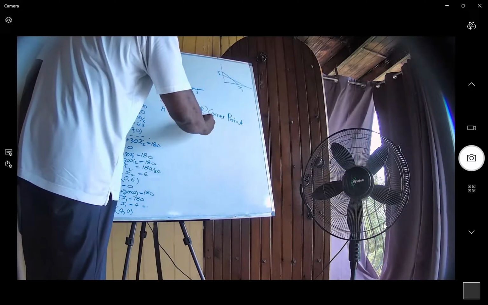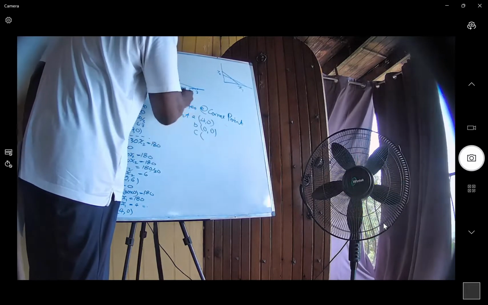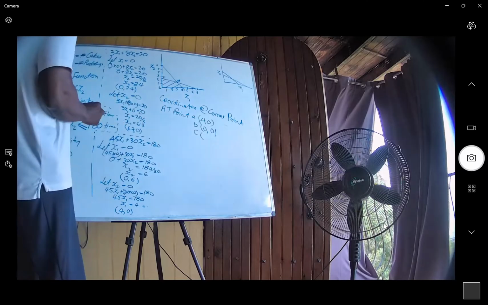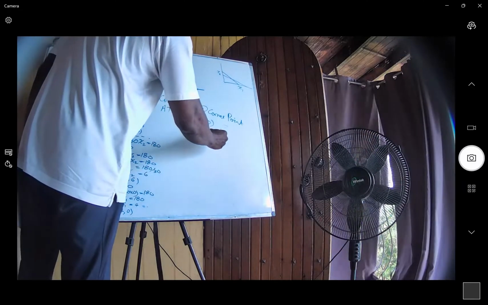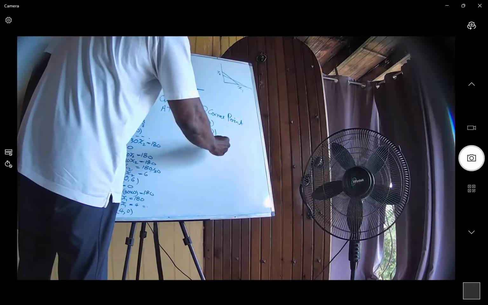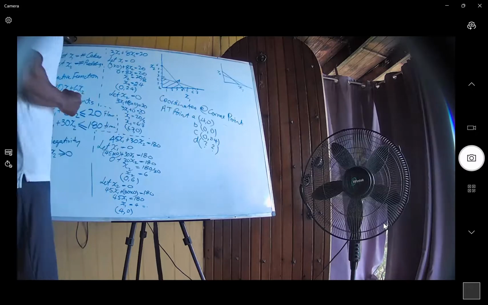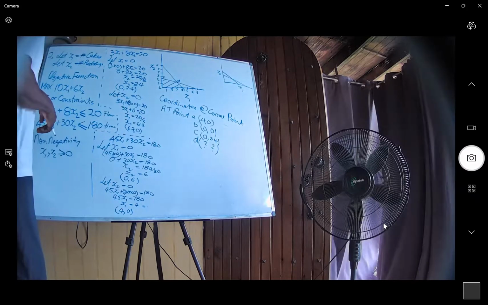At point B, it's going to be 0, 0. At point C, it's going to be, what's that, 2.4 it was, or 0, 2.4? 0, 2.4. And at D, I don't know. See it? D, you don't know. Then you have to solve simultaneous equations to get that.